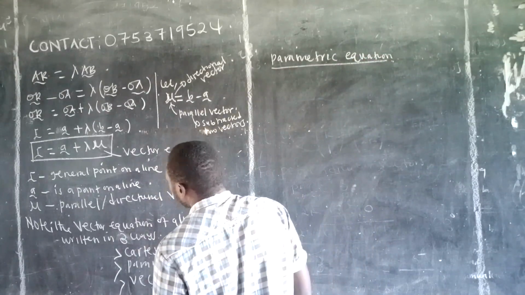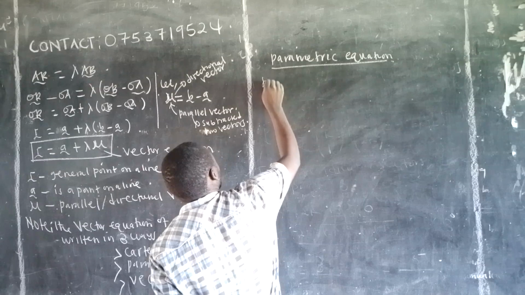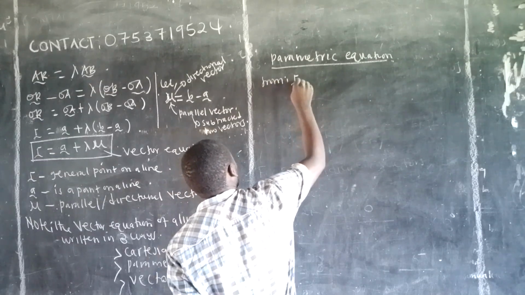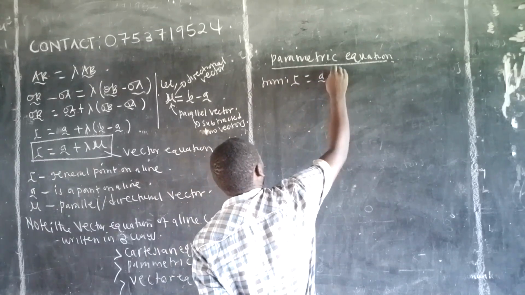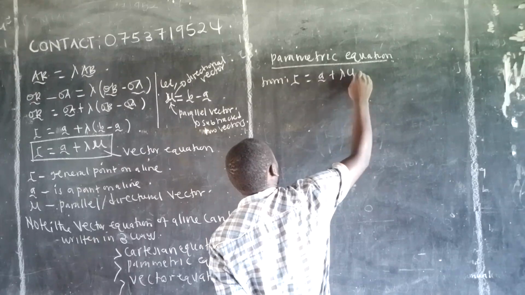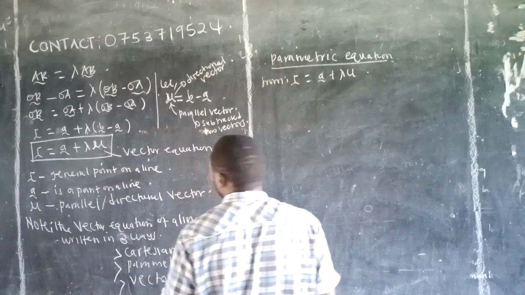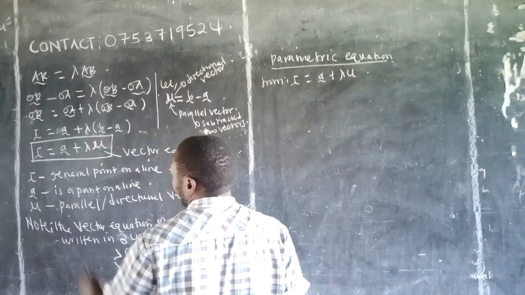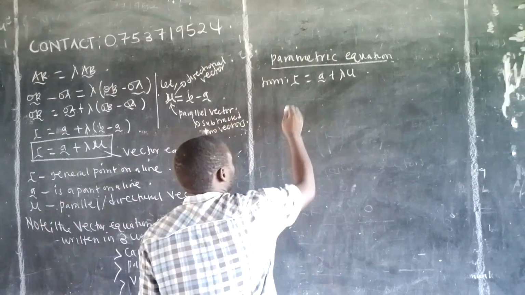From R is equal to small a plus lambda mu, the small r from the start, we said that r is the same as x, y, z.